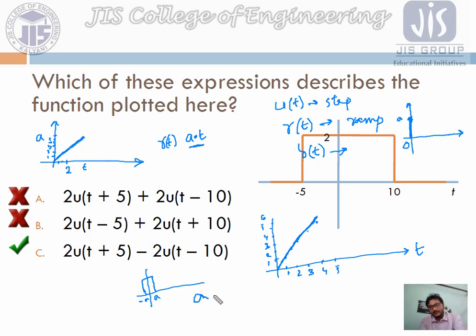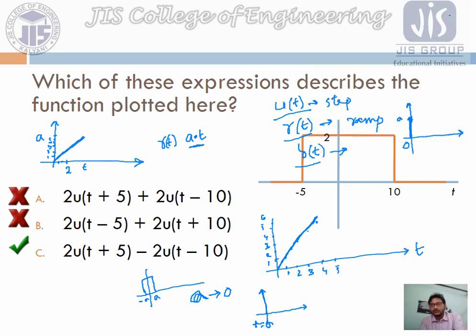If this a is very close to 0, then can we say that at the time instant t equals 0 we are getting a certain rise of the amplitude, a certain rise of the signal? Before t equals 0 the value is 0, and after t equals 0 again the value is 0. That type of signal we can consider as an impulse. So this is the step signal, ramp signal, and impulse signal.